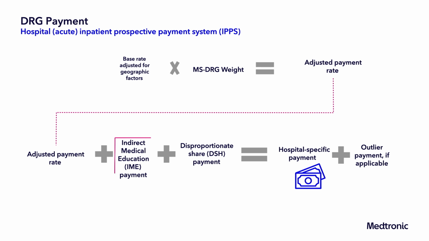This add-on, known as the Indirect Medical Education, or IME adjustment, varies depending on the ratio of residents to beds. Finally, for particular cases that are unusually costly, known as outlier cases, the IPPS payment is increased. This additional payment is designed to protect the hospital from large financial losses due to unusually expensive cases.